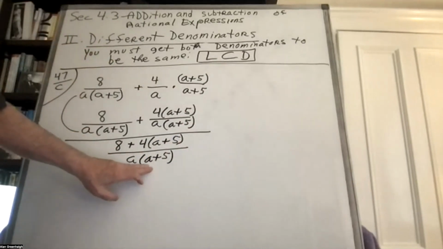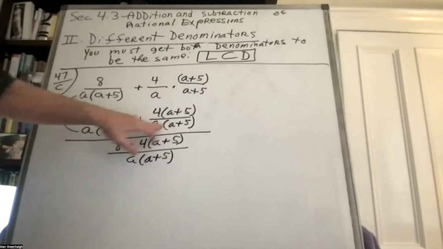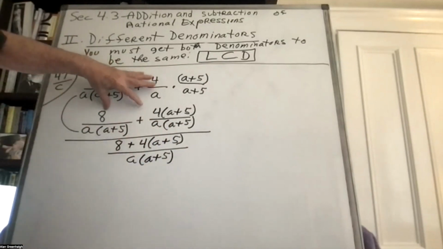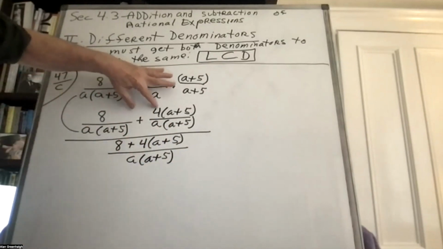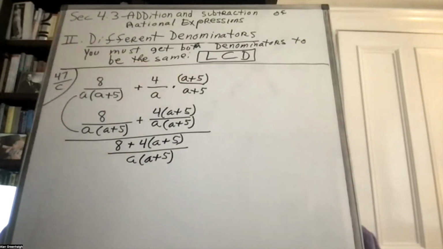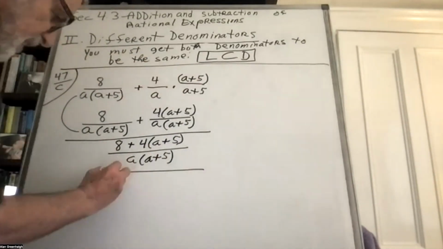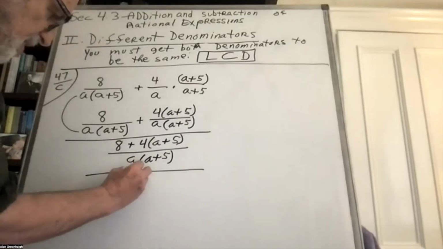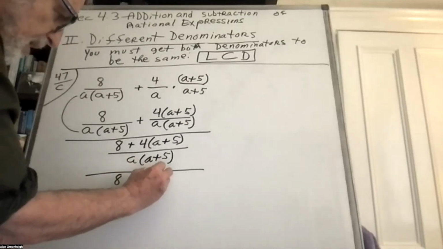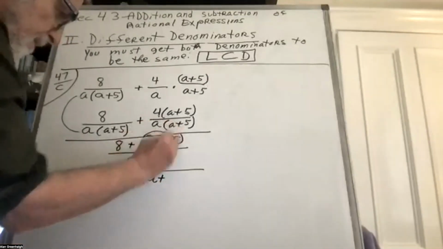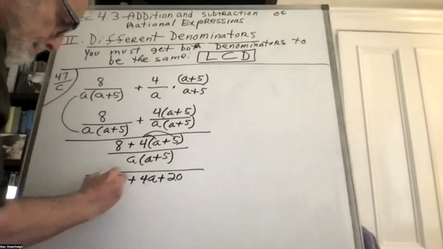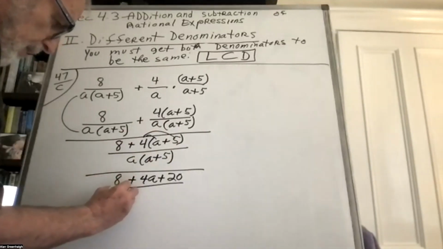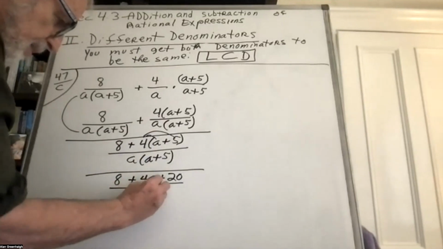We only need one now because the denominators are the same, and we add the numerators. 8 plus 4 times A plus 5. And this will give us 8 plus 4A plus 20 over A times A plus 5.